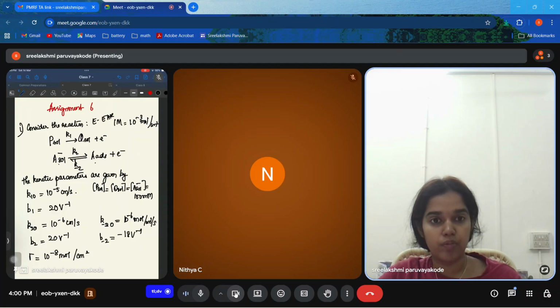Forward reaction K2, backward reaction K minus 2. Kinetic parameters K10, K20, K minus 20 are given, beta 1, beta 2, gamma values are also given. So the first question is, at EDC at a given potential of 0.25 volt versus CP, what is the surface coverage of A adsorbed?